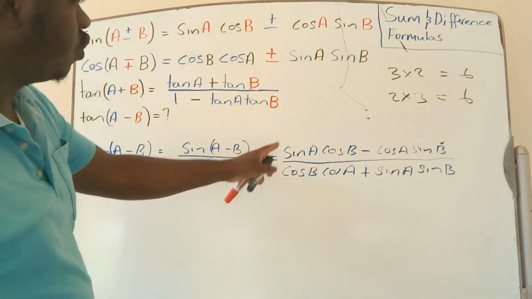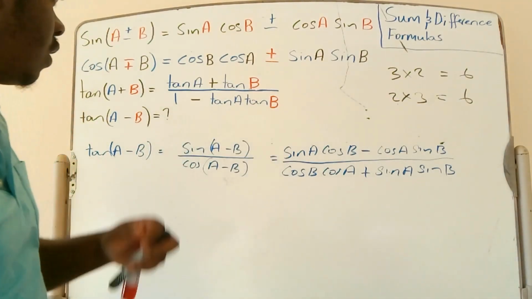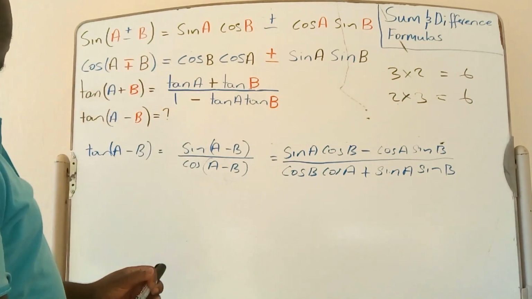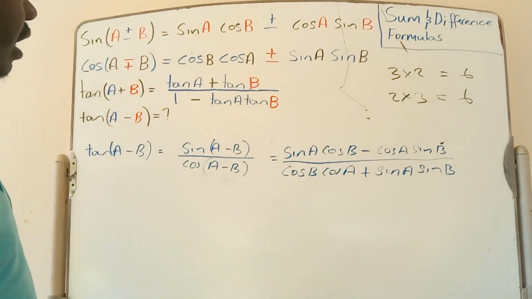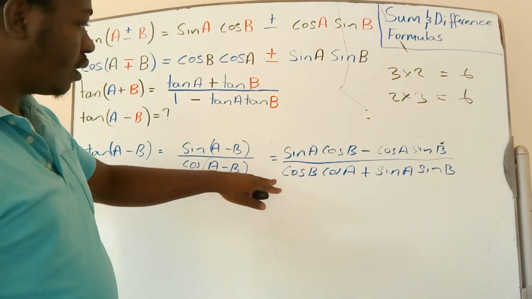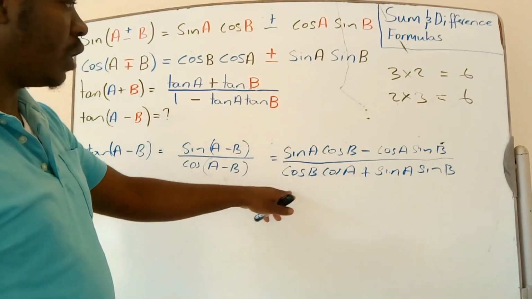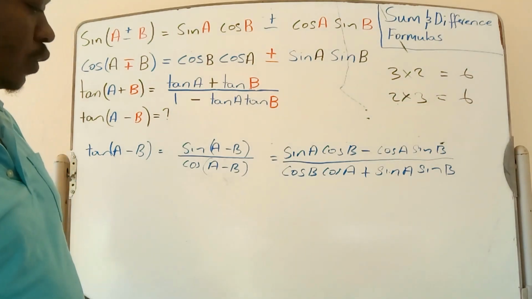Now, what are we going to do after this stage? Since this one seems to have a 1 here, we can use the same idea. We need a 1 where cos B cos A is. So what can we do?